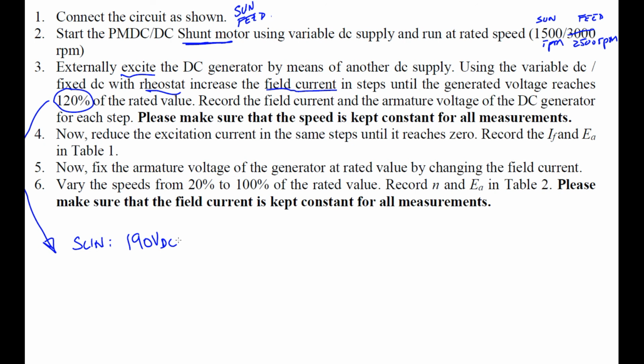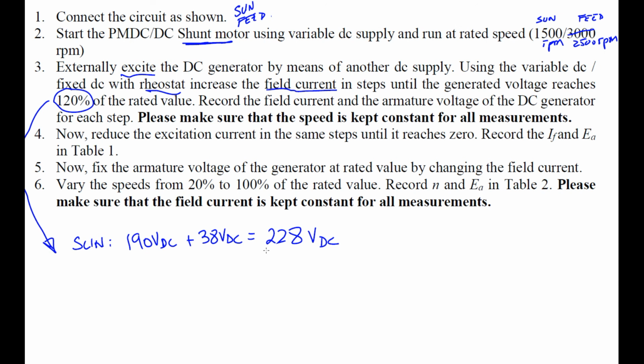So we have to add 20% to that. 20% will be around 38, so plus 38 volts DC. This will be around 228 volts DC to be reached for this sun station.